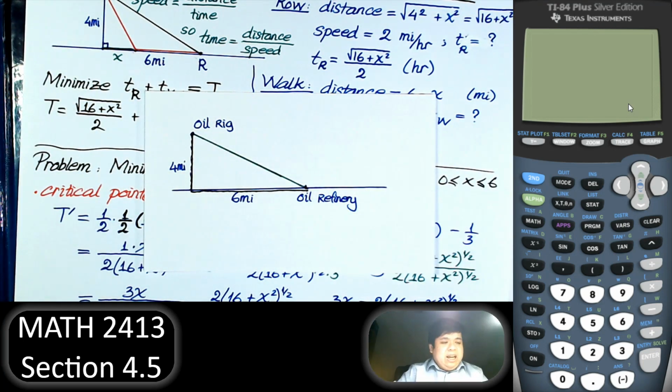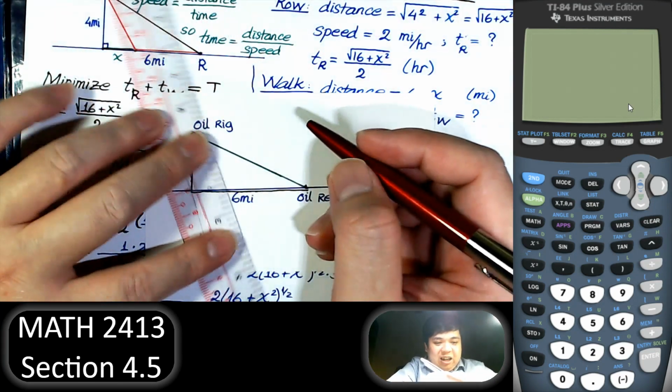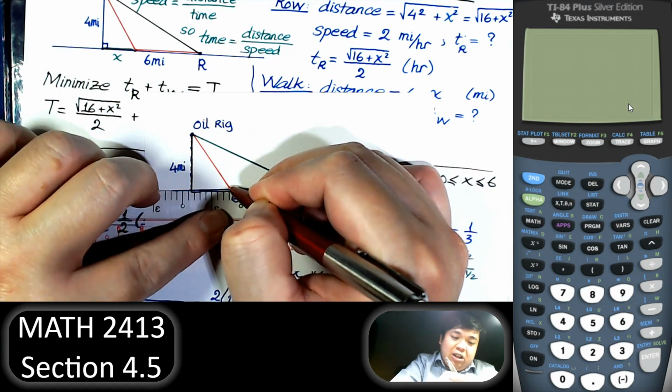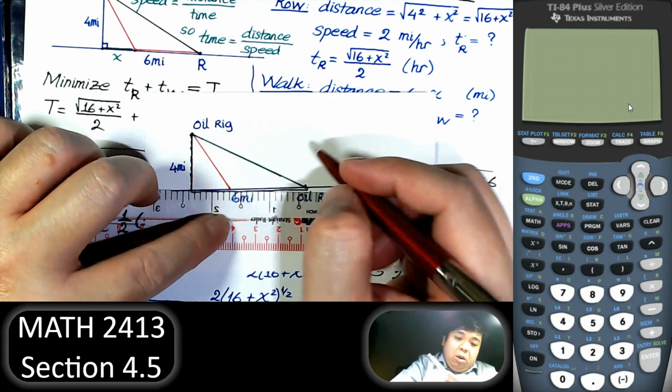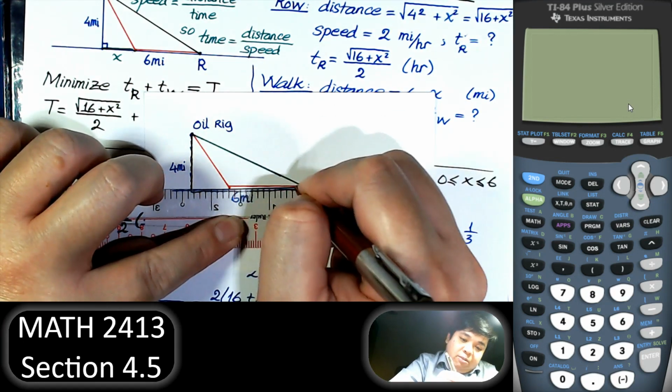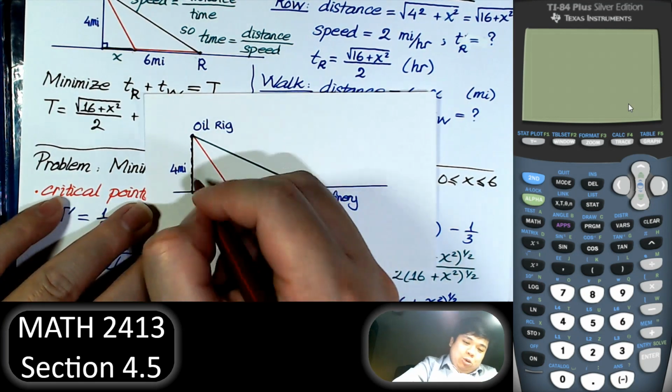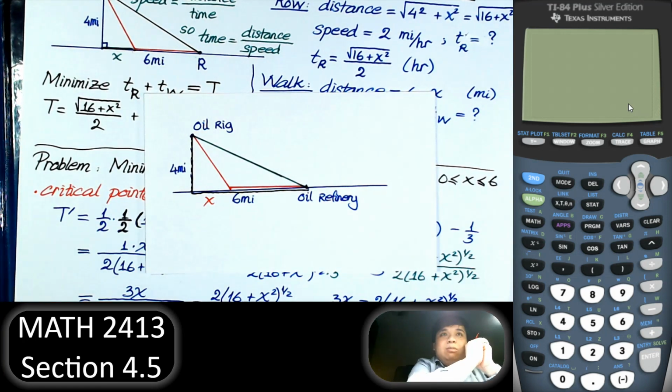So in that case, it might be best if we just go at an angle. So we have some underwater pipeline and then some over the land pipeline. In this case we still have x. So kind of similar problem.